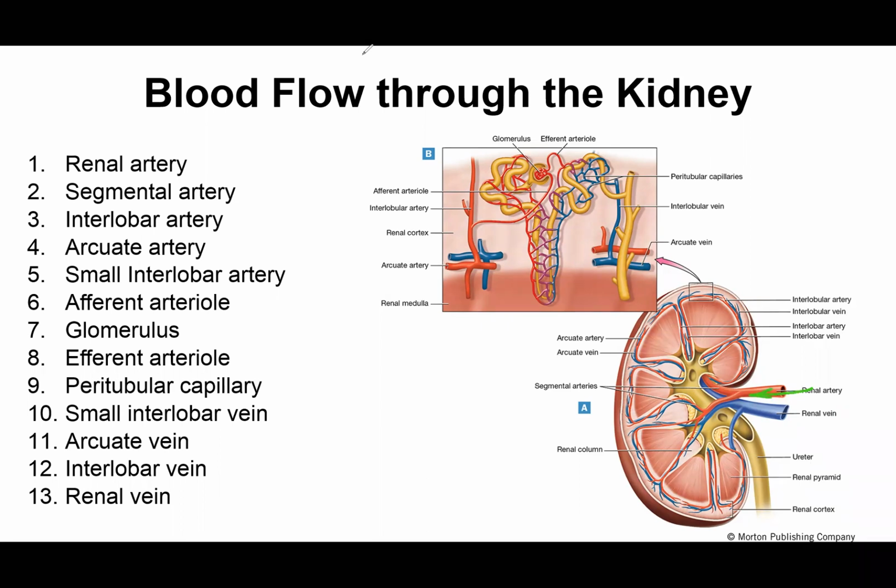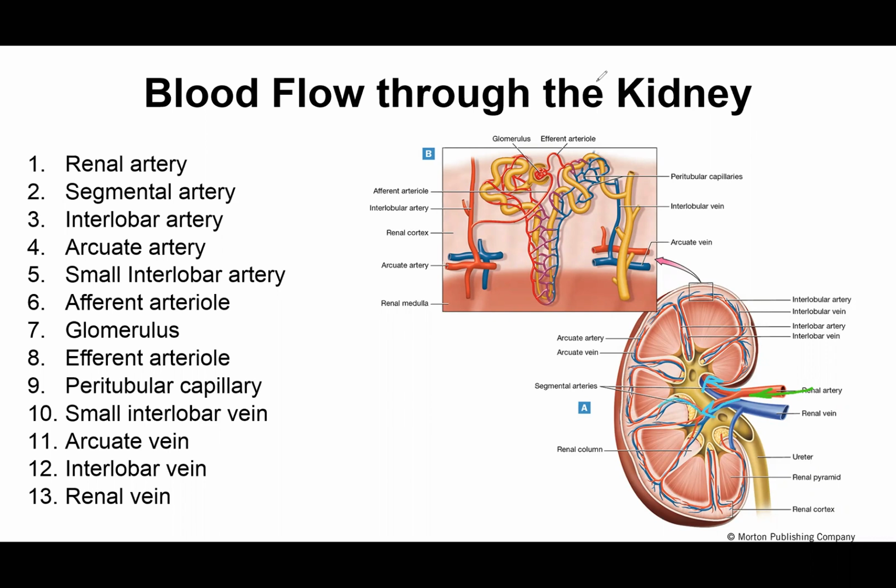And then what's going to happen is this renal artery is going to branch. And the first time it branches, these are called segmental arteries. Okay. And then these segmental arteries are going to branch again.